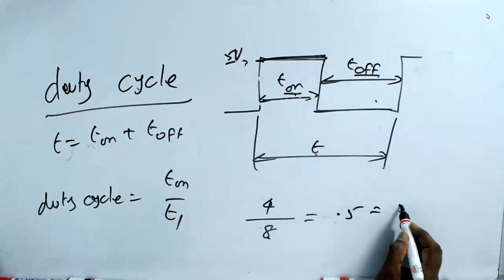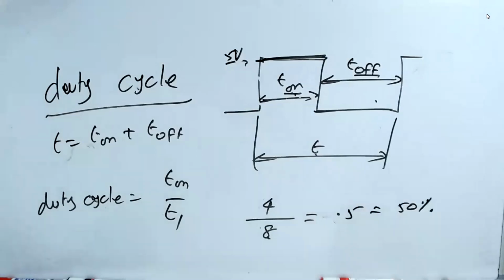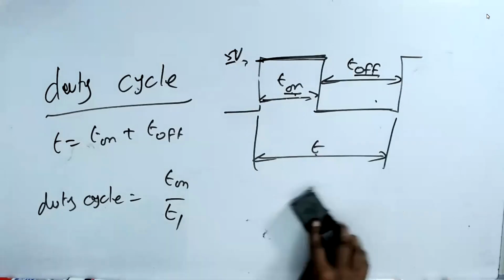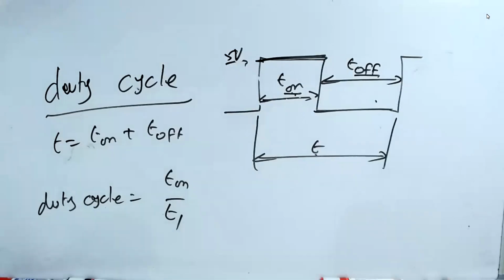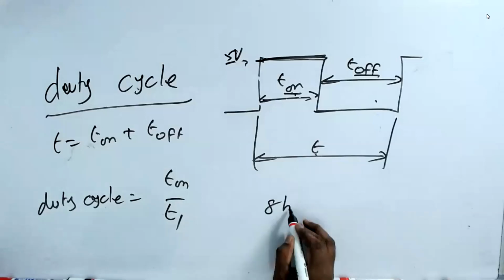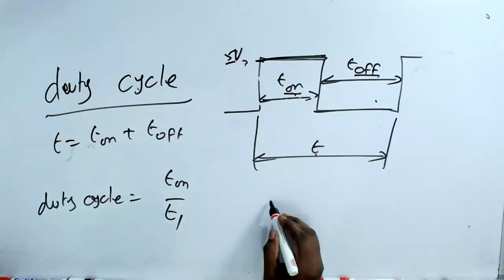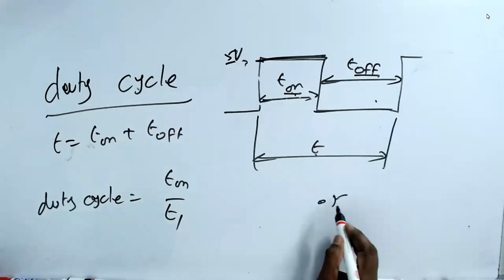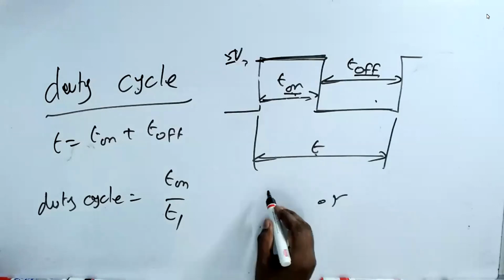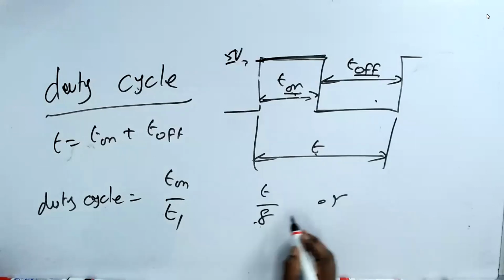If you say that guy's productivity is 100%, that means you work all the 8 hours. If you say that guy's productivity is only 50%, then you work 0.5, that is, your working time by 8 hours. So 8 into 0.5 is equal to 4 hours.